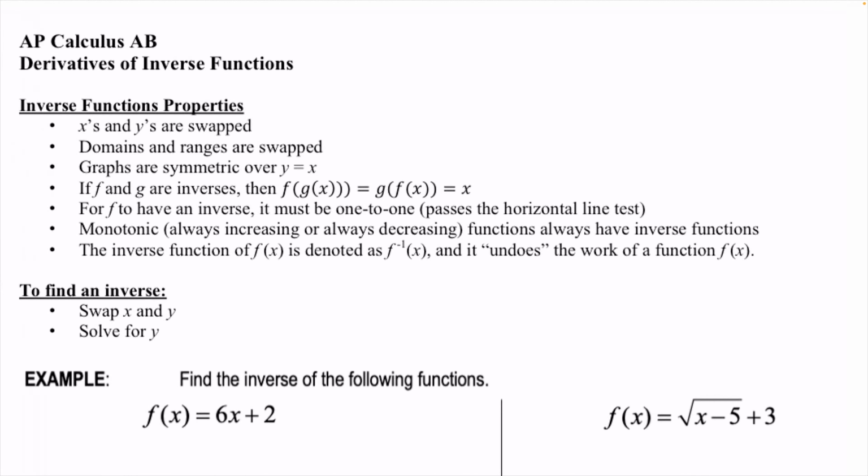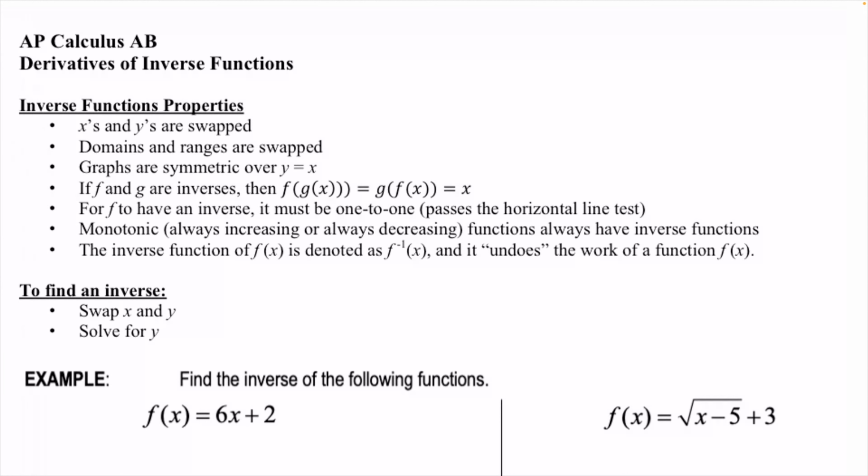How do you know they're inverses? Well, there's a couple ways to tell. First of all, the x's and y's are swapped. So if you have a table, all the values are swapped. If you have a graph, so if you have two graphs and they're symmetric over the line y equals x.